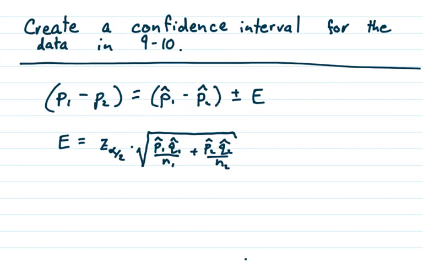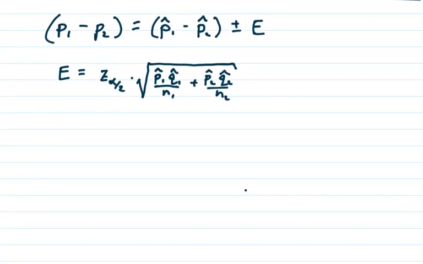So we're going to go back to the data that we had in example 9-10. I see n subscript 1 is 50. p1 hat we were given was 0.16.